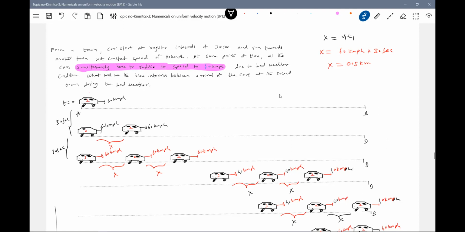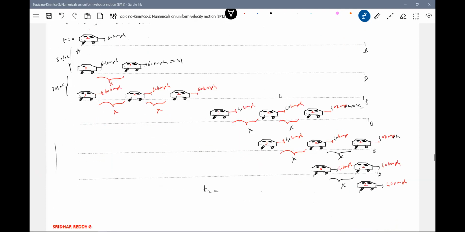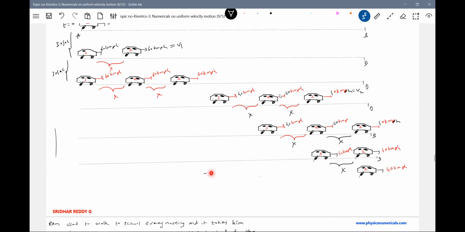Now this is V2, the speed has reduced. So X is the same x, which we can write as V2 into T2. What is x? 0.5 kilometer, equals 40 kilometer per hour into T2. This T2 is what is being asked. So 45 seconds it will come if you calculate.